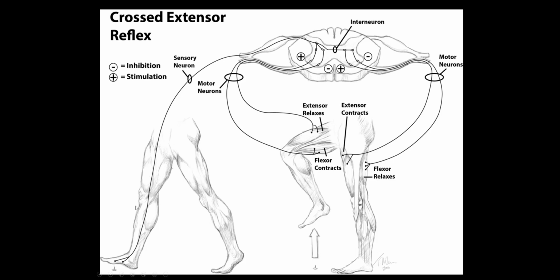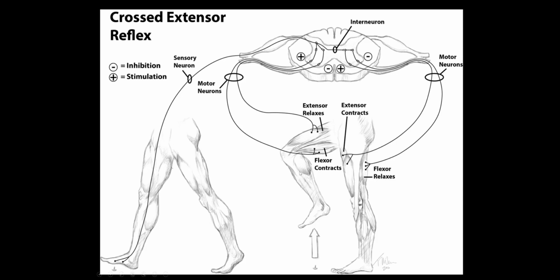So when you step into a tack, that information goes up. And notice everything is through interneurons here in the spinal cord except for the muscle stretch reflex. That's the only one that's a monosynaptic connection. So via an interneuron here, this is going to contract the flexor and inhibit or relax the extensor muscle so the leg draws away.